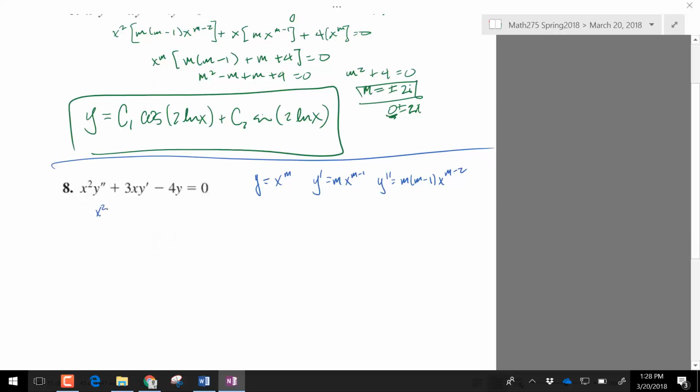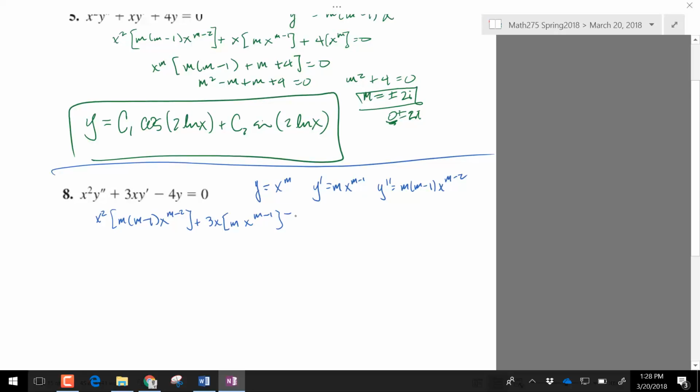So we got x squared m(m minus 1) x to the m minus 2 plus 3x m x to the m minus 1 minus 4 x to the m. And then we know that x to the m is always going to factor out. We got m squared minus m plus 3m minus 4.